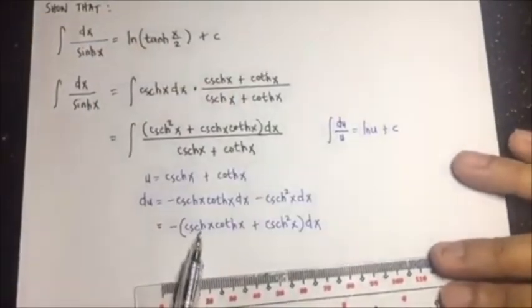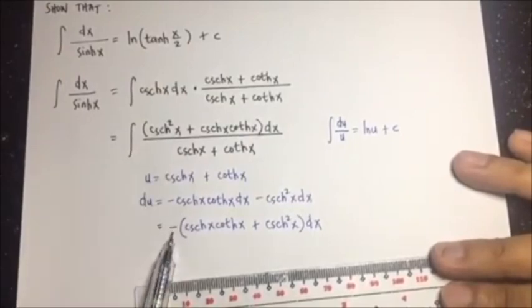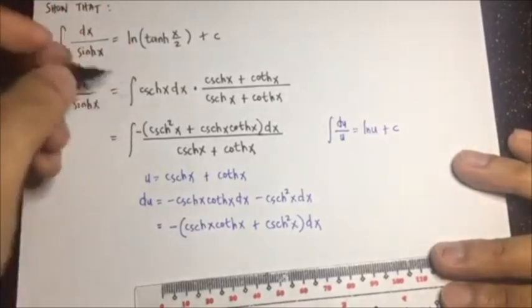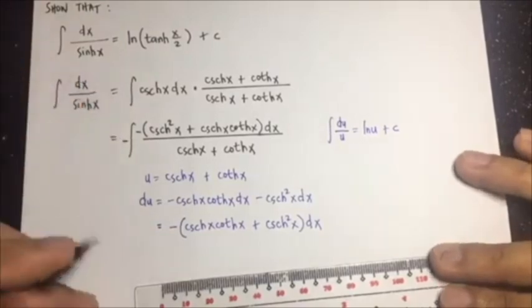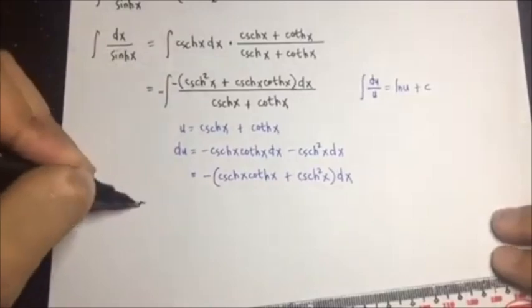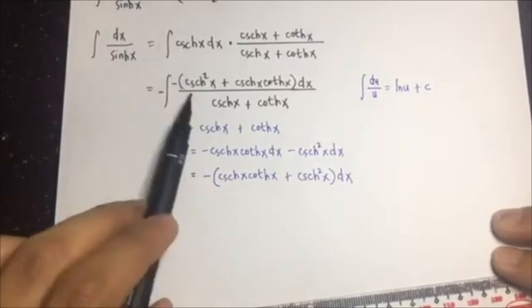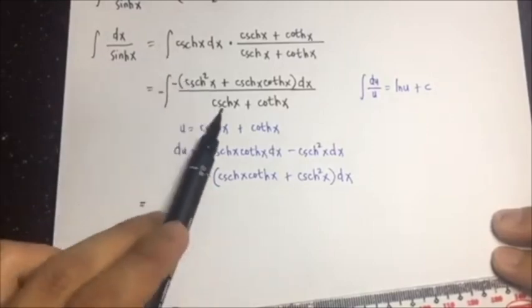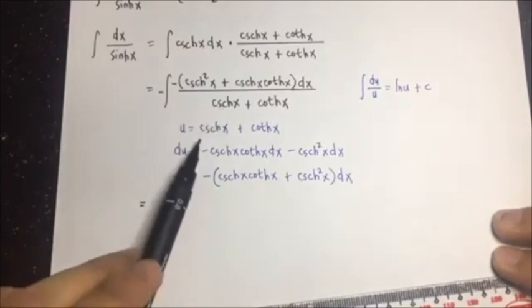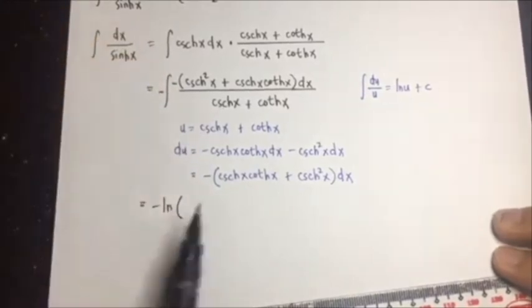Okay, so comparing our numerator, we have no negative sign, so to complete the differential we will put a negative there, and then outside the integral sign we will also put a negative to balance that out. So since the differential is complete, the numerator is the complete differential of the denominator, so from what was proven here, we will have negative ln of u.